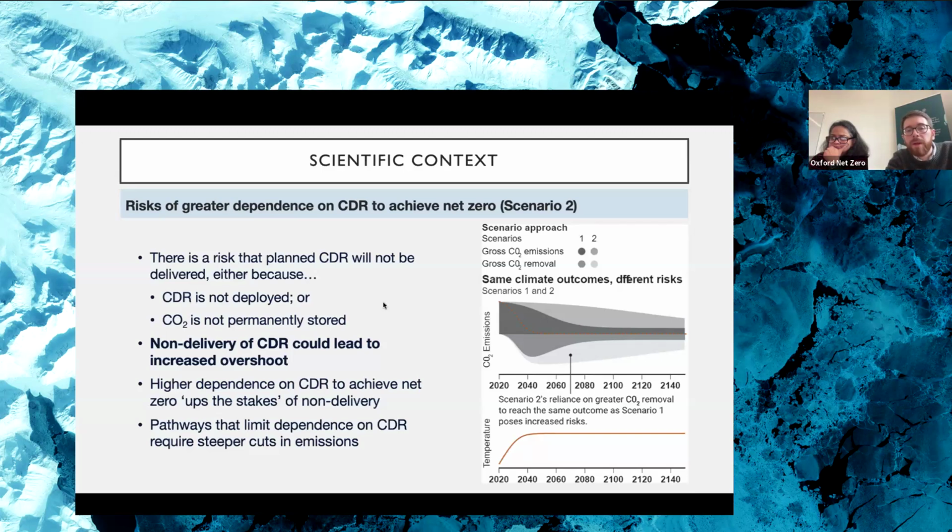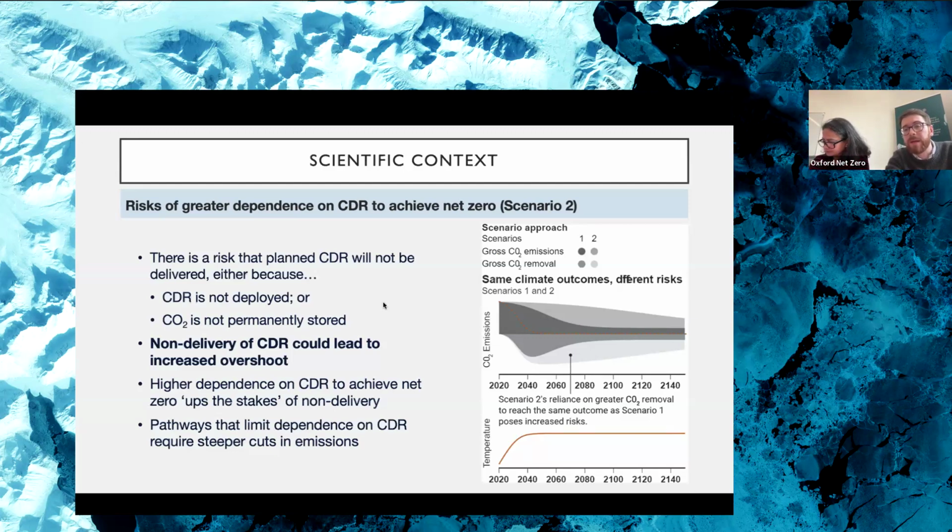So the scenario that we have in the light gray here involves heightened risks because it's quite possible that we might plan to have less steep reductions in emissions now, compensated by greater removals further down the line, and yet fail to achieve this because CDR isn't delivered. Either we don't get around to deploying it because of technological feasibility issues, or we deploy it, but in a way that isn't permanent.